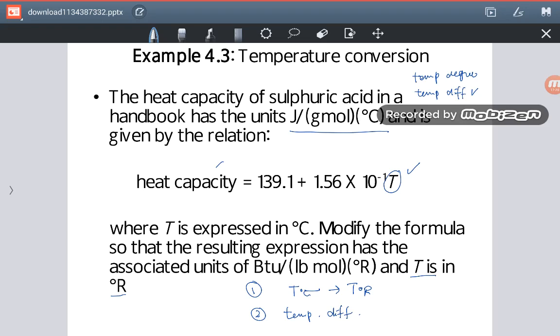Okay, so that means for this question, the first step is the temperature degree type of solution, and the second step is going to be the temperature difference. So for this question you need to do both. So it's okay, I'm going to show you how to do it together.